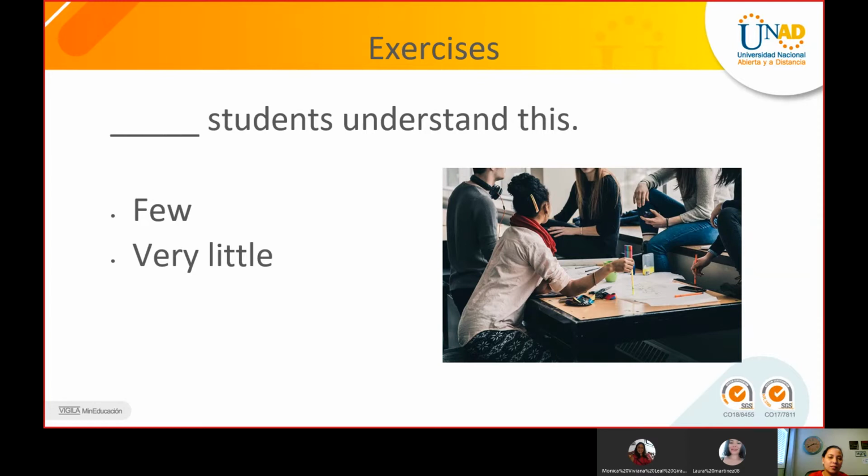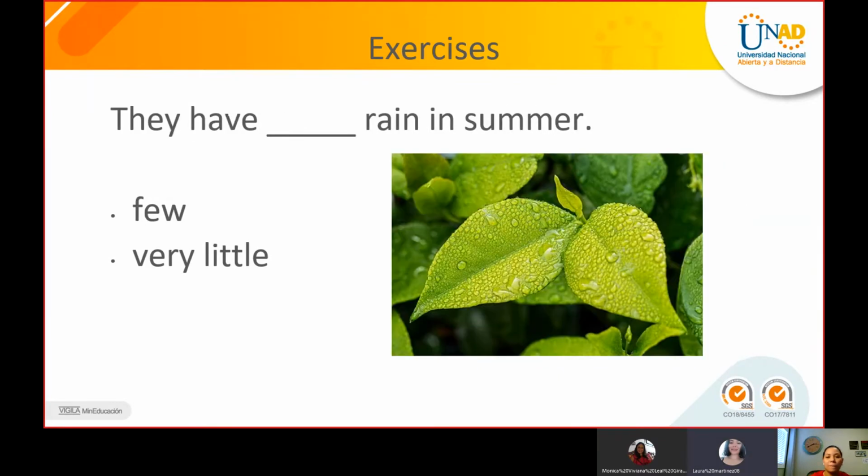Why few? So students is countable or uncountable? Countable. Yeah. So we use few because it's a countable noun. Sí. Okay.